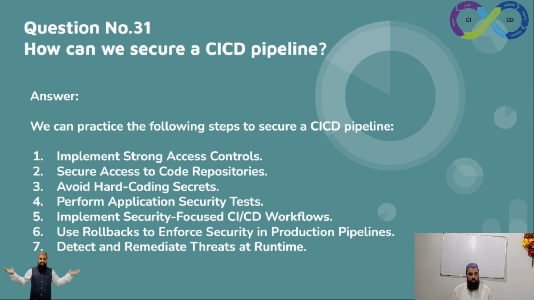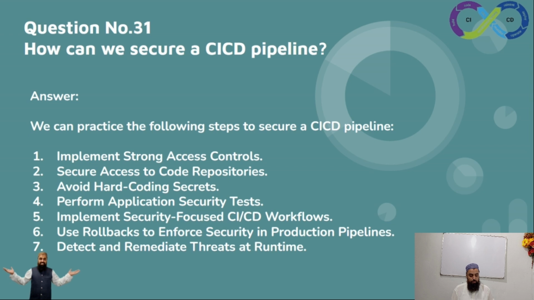Our code repositories must have private access and not be available to the public on the cloud. And we must avoid hard coding secrets. Instead, we must use secret managers for secrets, passwords and keys like AWS keys, etc.